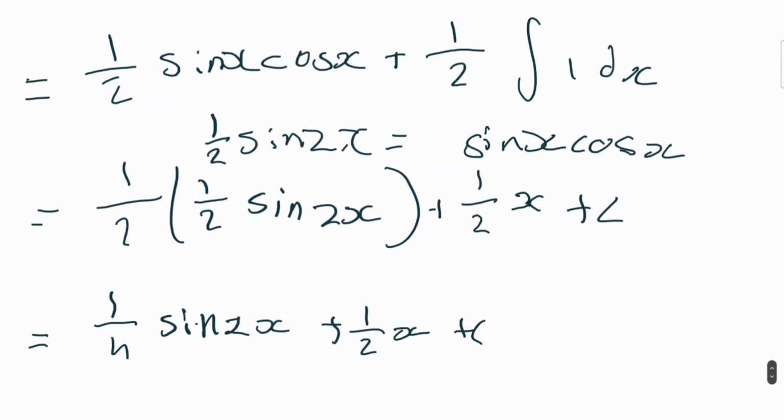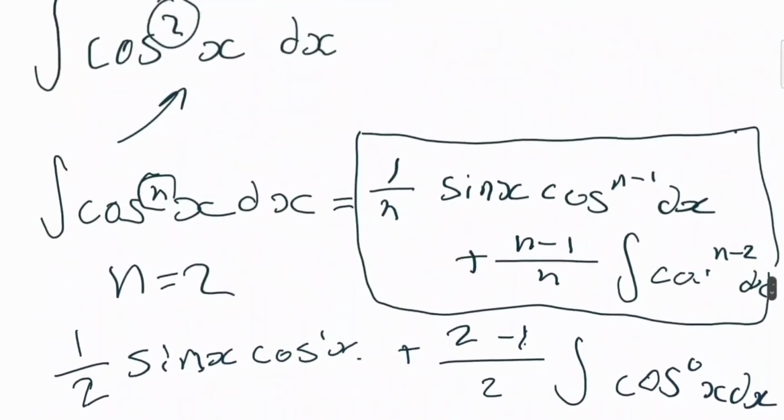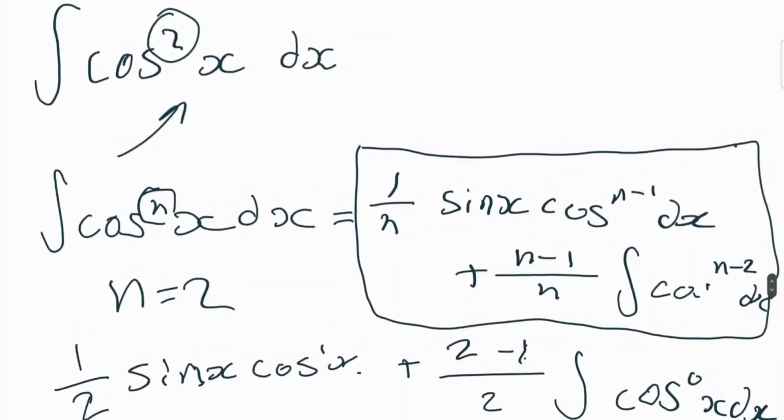Now, it's very important to not forget the plus c's, as they are the constant of integration and you must have them every single time. So that is the integral reduction of cosine squared of x.